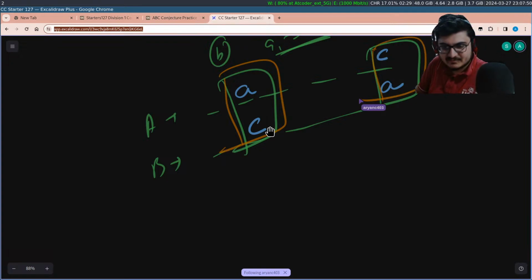Because whenever you move some operation, A gets replaced by C, and C gets replaced by A.